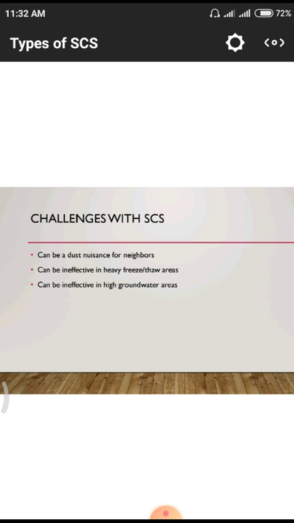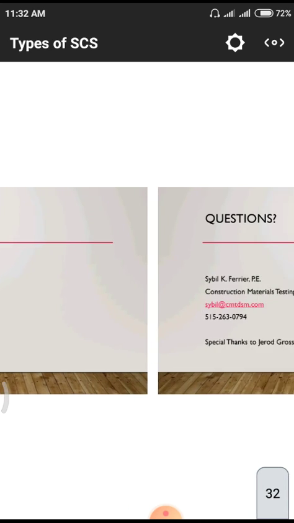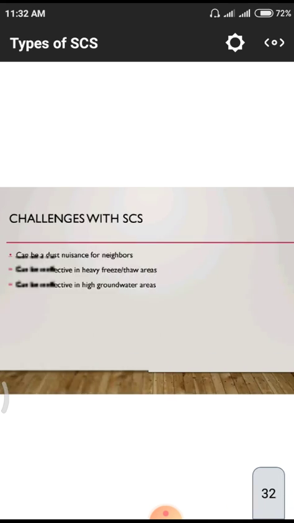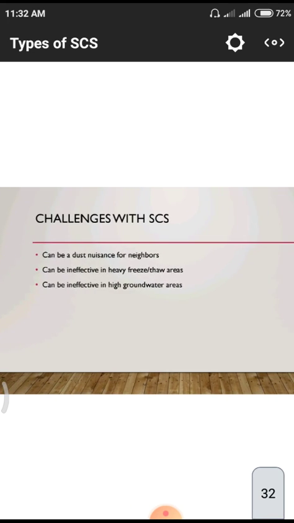Why? Because with high groundwater it will take a huge amount of time for setting, and there will be less quantity of bond. Okay, these are the total challenges and different things we face while going for soil cement stabilization.